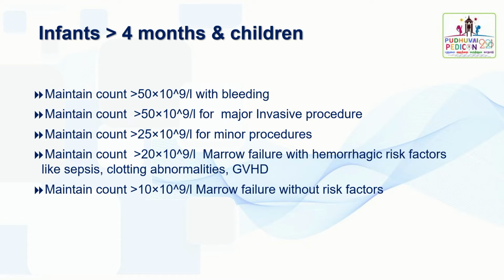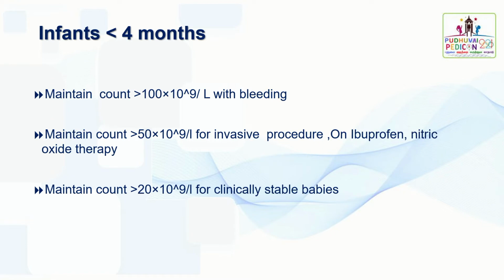Similarly, for marrow failure, the cutoff is 20 into 10 power 9 with hemorrhagic risk factors like sepsis, clotting abnormalities, and graft versus host disease. Without risk factors, the cutoff is 10 into 10 power 9. For newborns and infants less than 4 months, the cutoff is more than 100 into 10 power 9 with bleeding.